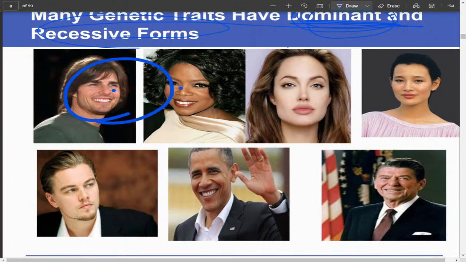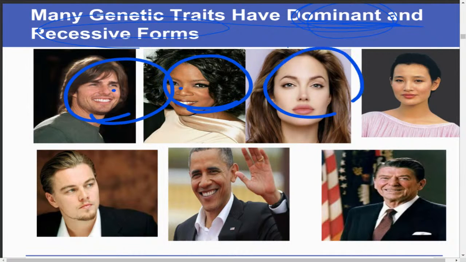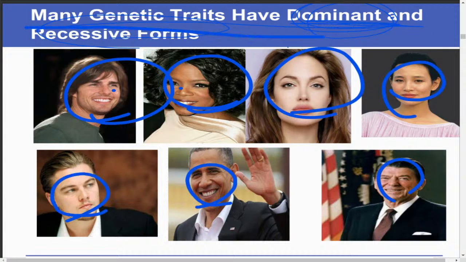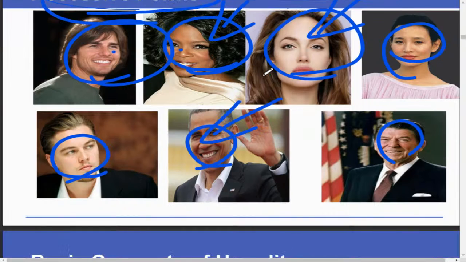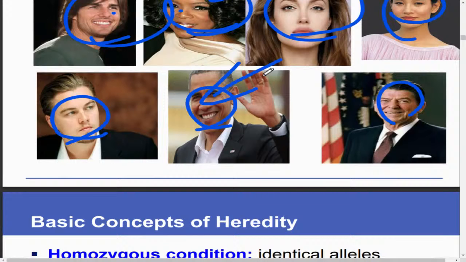And of course, the dominant forms just become the new person.